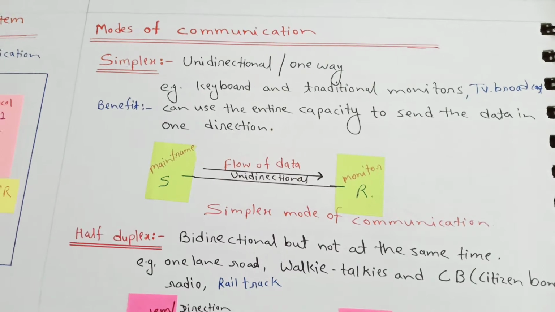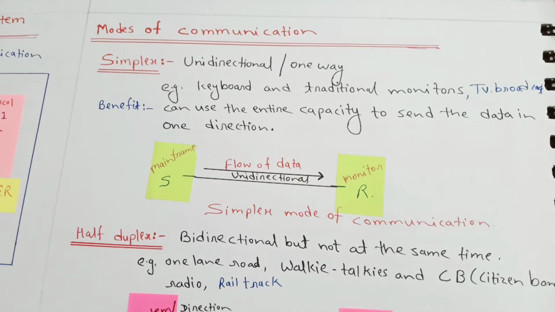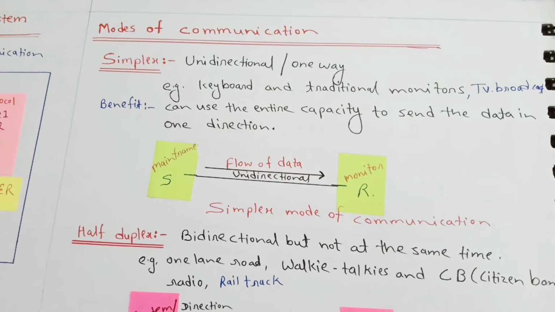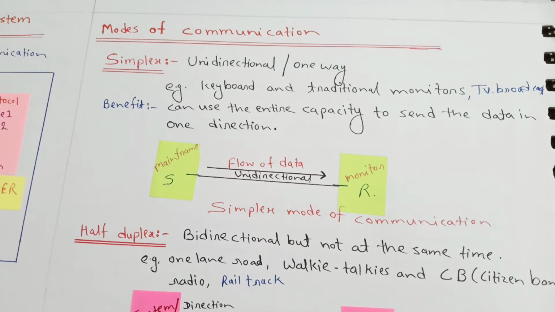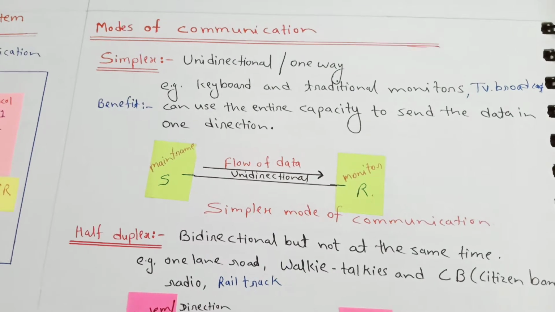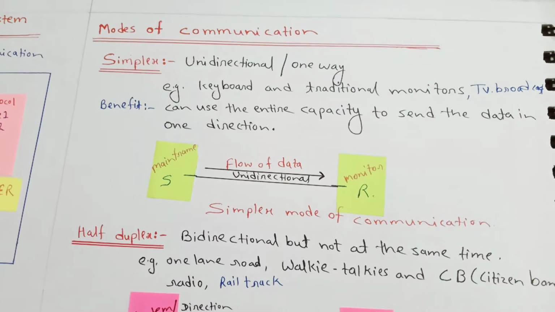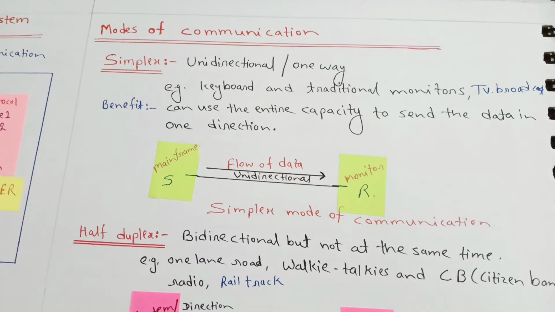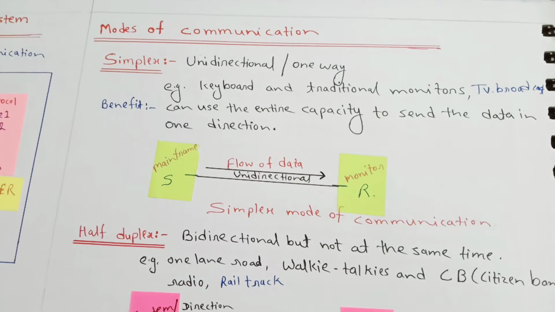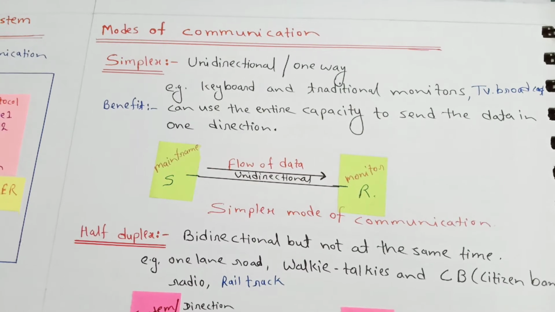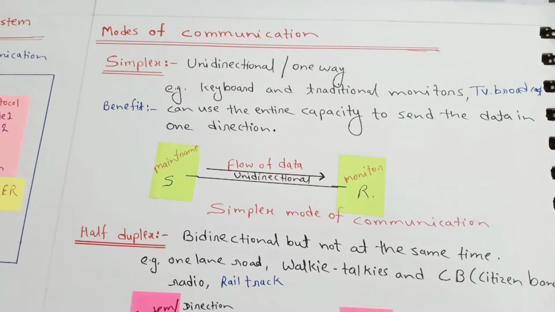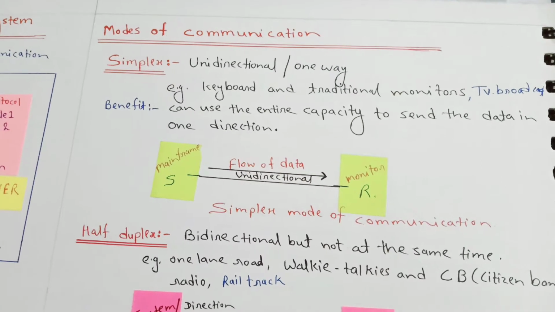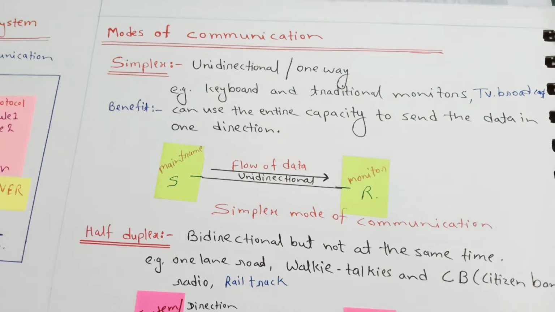Okay, for simplex, unidirectional or one way mode of communication, keyboard is the best example. In keyboard we are sending the message or information or data by typing something, by entering from keys, and keyboard will not receive the data from any source.